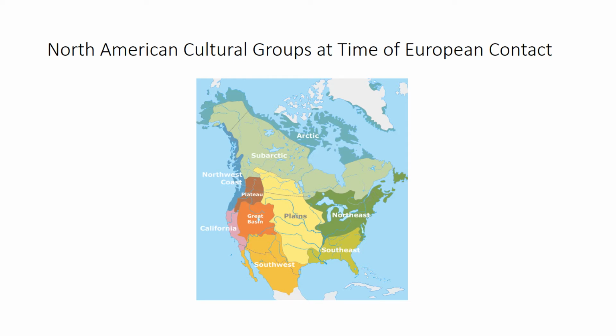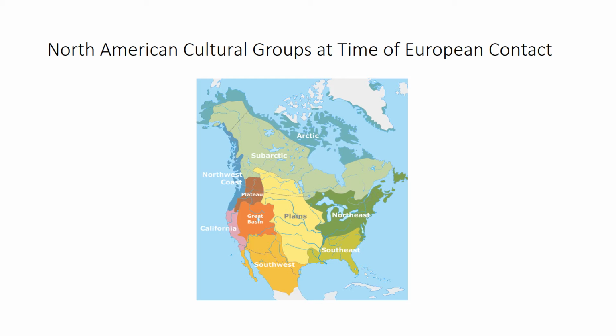But that being said, there are certain regions of North America that you can kind of divide people into, in that the people in those regions have a lot in common with one another, such as the Great Plains, the Southwest, the Northeast and the Southeast, which are both considered Eastern woodland, but the cultures differed quite a bit from north to south.